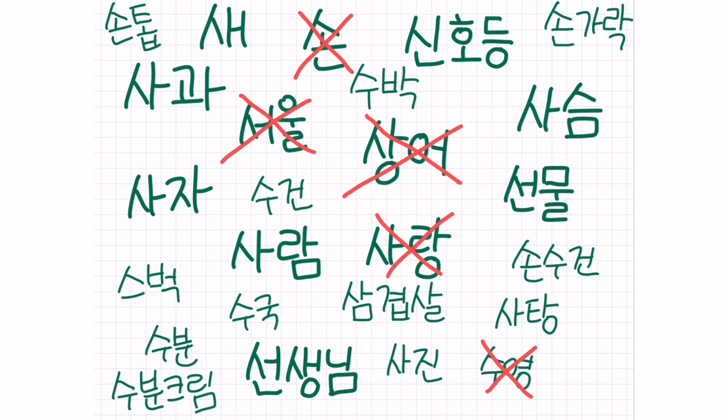If you have a look at it, it's very similar, but it's got a completely different ending. 사람 is human. 사랑 is love. 사자, which is a lion, right? 새, a bird. Single letter word here. 신호등, a traffic light.